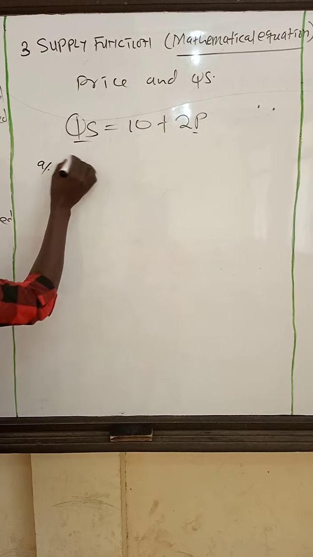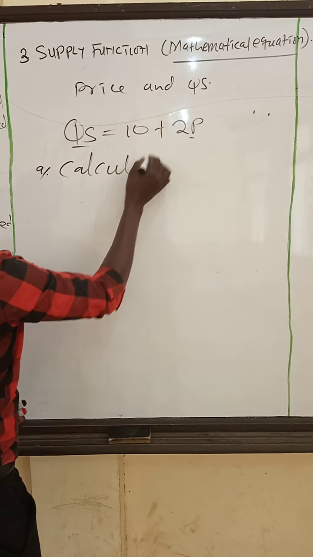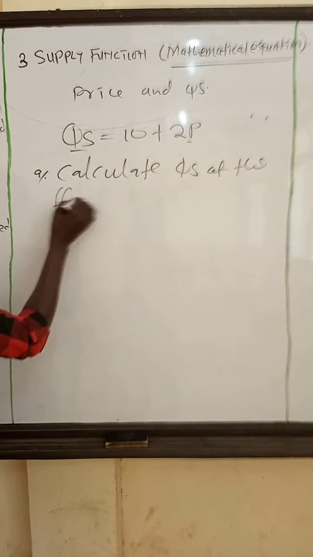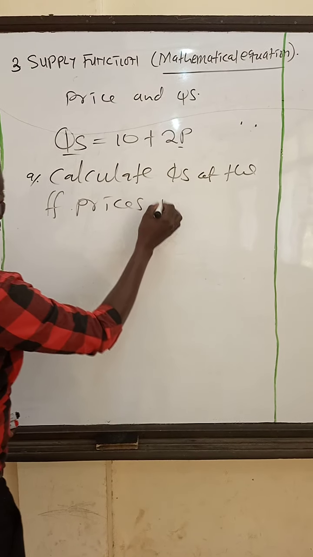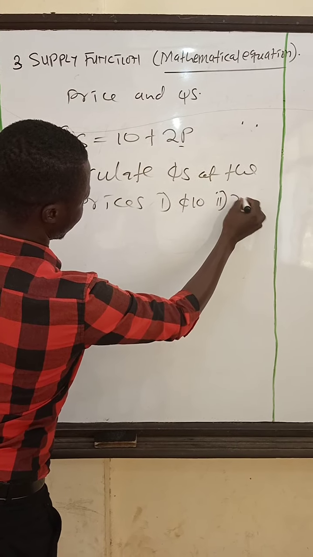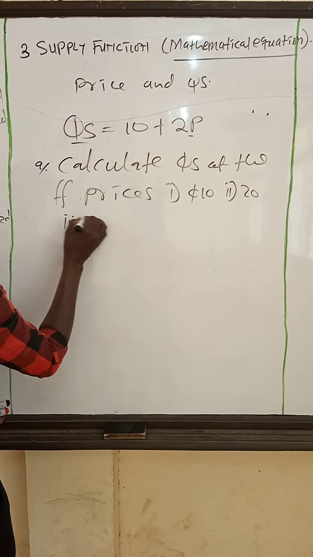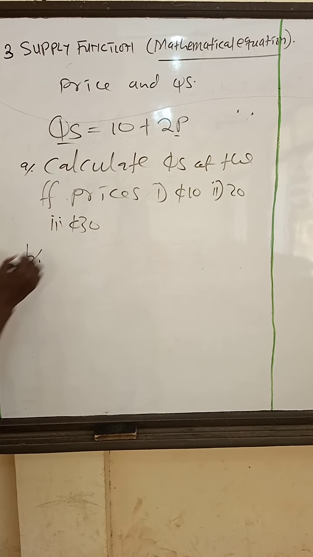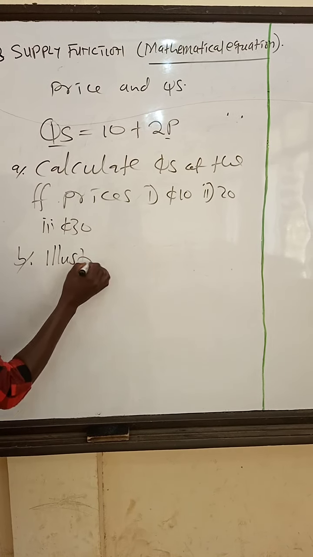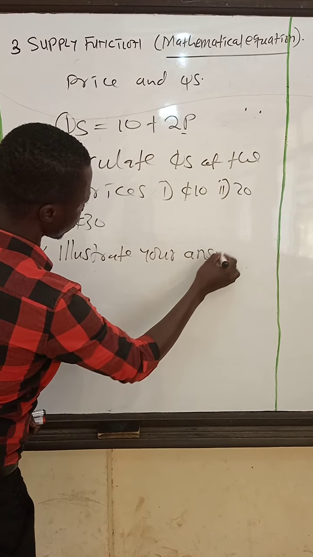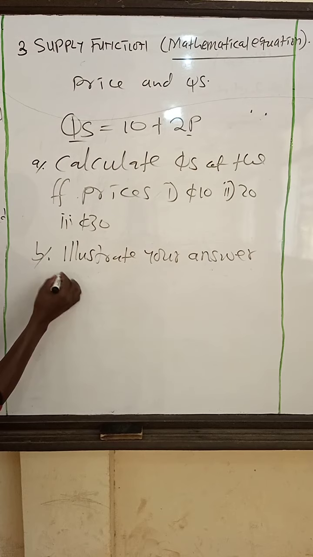A part of the question says calculate QS at the following prices: I, 10 cedis; II, 20 cedis; III, 30 cedis. Then B part of the question says illustrate your answer on a supply schedule.